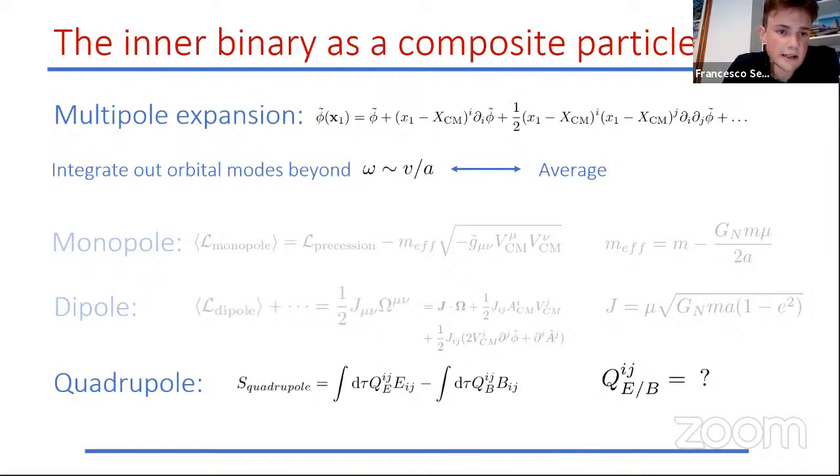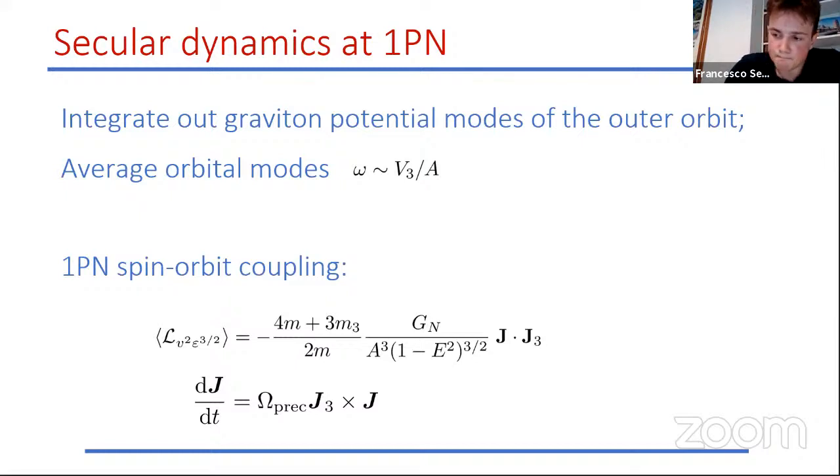And actually in this GR post-Newtonian expansion, we can already compute the secular dynamics at first order in the post-Newtonian expansion, by now integrating out the modes at scales shorter than the outer orbit, and at time scales shorter than those of the outer orbit's period.